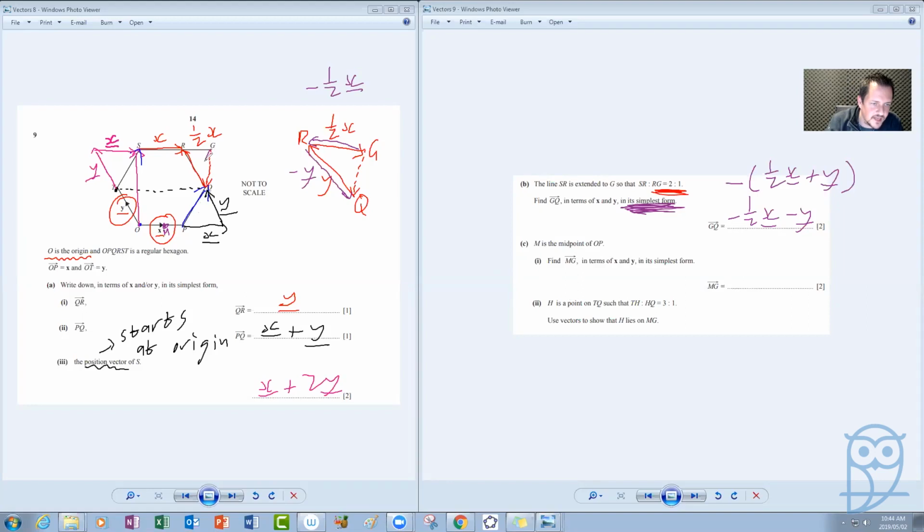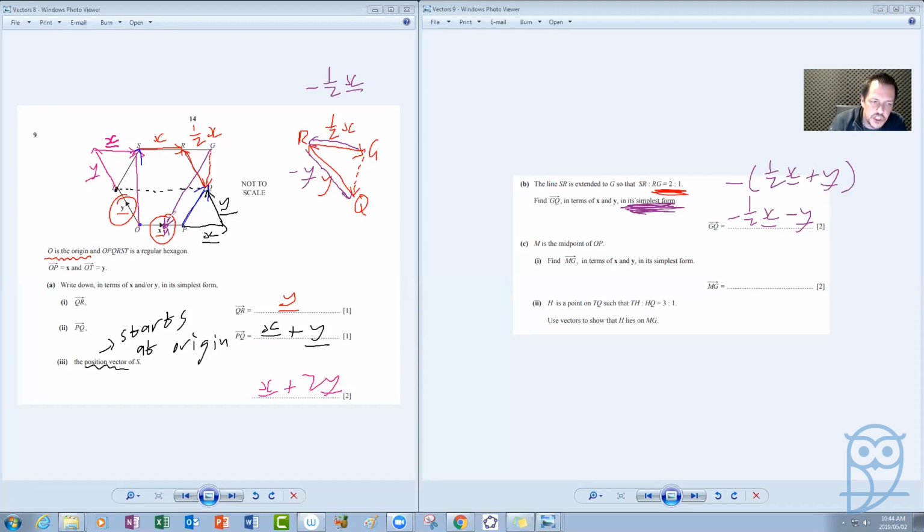So that's that vector over there. Find MG in terms of X and Y in its simplest form. Great. Do we know this vector? Does it relate to anything? No. But we can travel along roads that we know to get down to there.